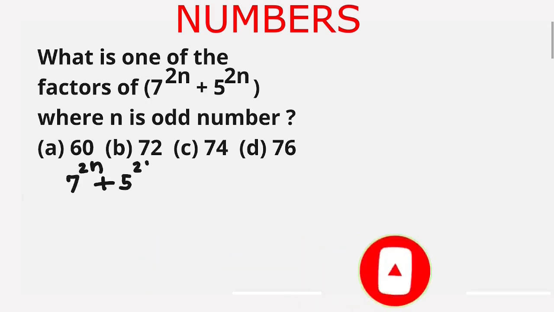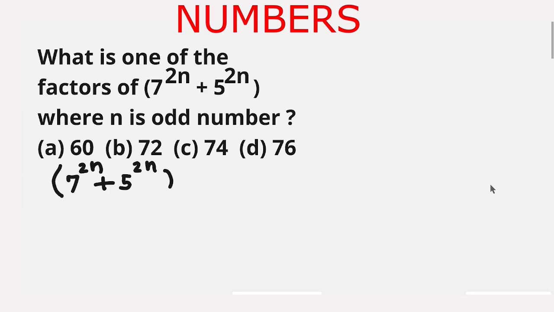The given number 7 to the power 2n plus 5 to the power 2n can be written as 49 to the power n plus 25 to the power n, as square of 7 is 49 and square of 5 is 25.